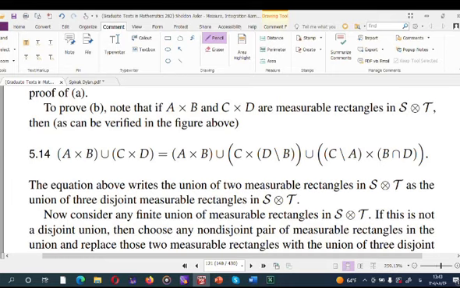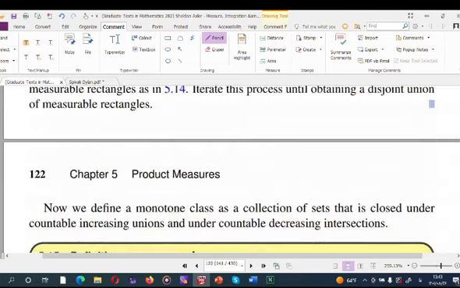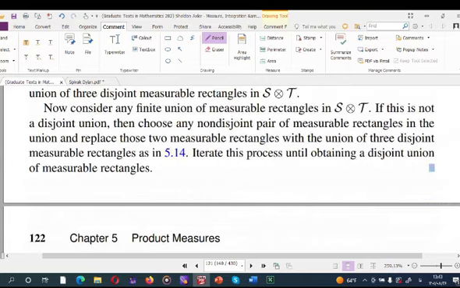If this is not a disjoint union, then choose any non-disjoint pair such as this of measurable rectangles in the union and replace those two measurable rectangles with the union of three disjoint similar ones. Iterate this process until we obtain a disjoint union of measurable rectangles.